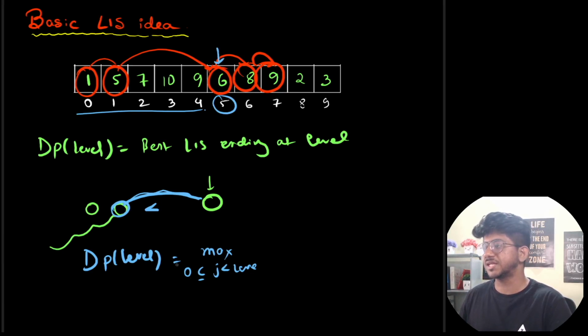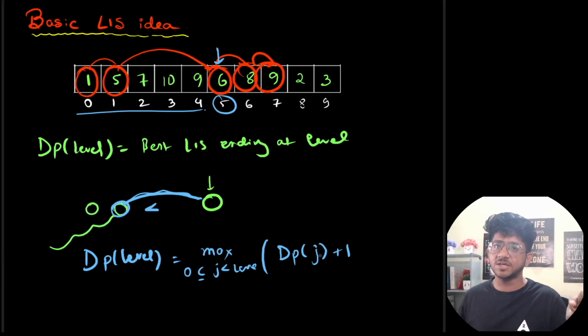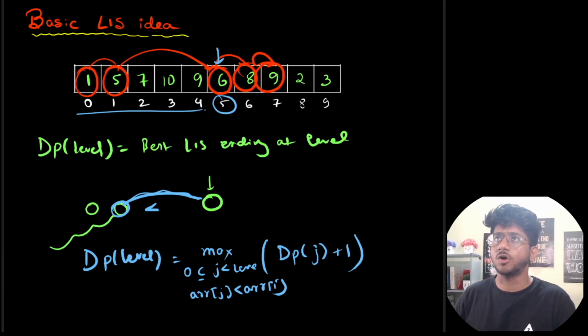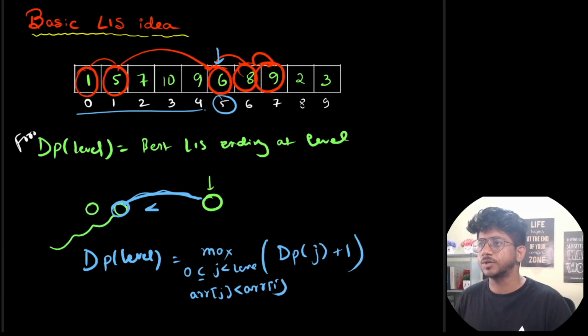And for all the previous indexes, we find the max of dp of j, plus 1. So there is a subsequence that is ending at j, plus 1, provided that we can extend it. So the condition to extend it is going to be ARR of j should be less than ARR of i, right? That's the main condition. So that's the basic DP that we learned. This was nothing but a form 2 formulation, and this is O(n square).